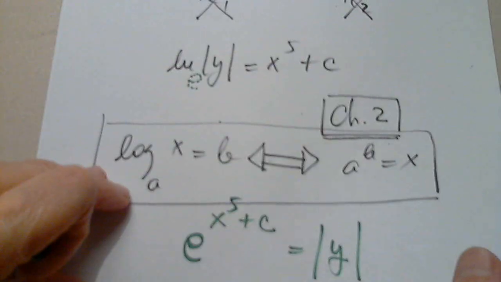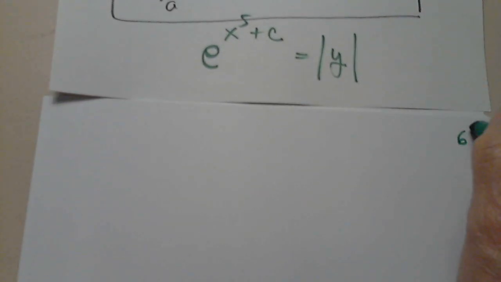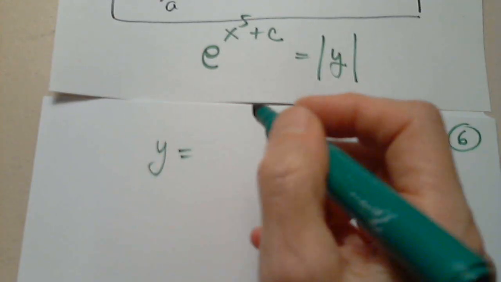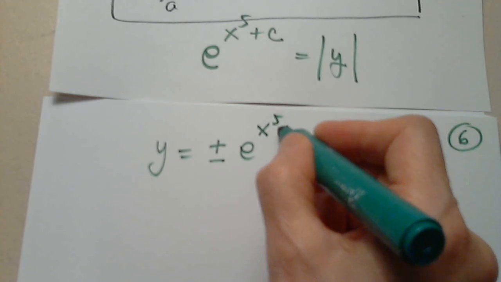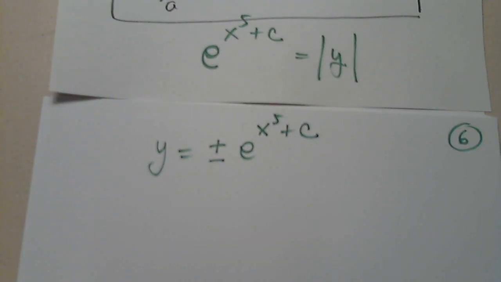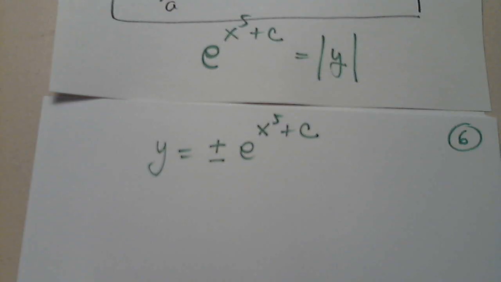So therefore, remember the absolute value, so this gives us plus or minus e to x to the 5th plus c. There is a simpler way of writing this, but I need to remind you of a formula.